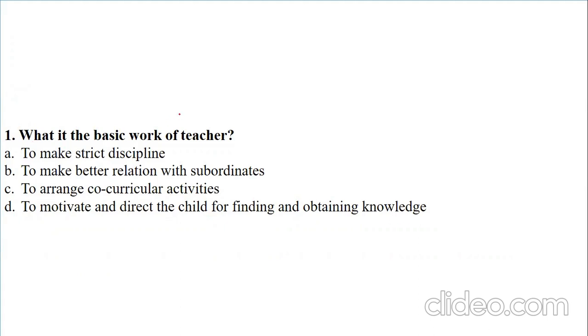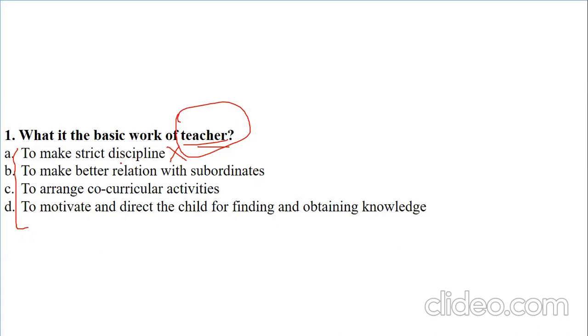If you have to think like a teacher, if you are a teacher, which of these options is the best one you will try to give to your student? Discipline is needed, but very strict discipline is not needed. So just go down, reducing the options which are not nearby, so that it gives you an easy answer.